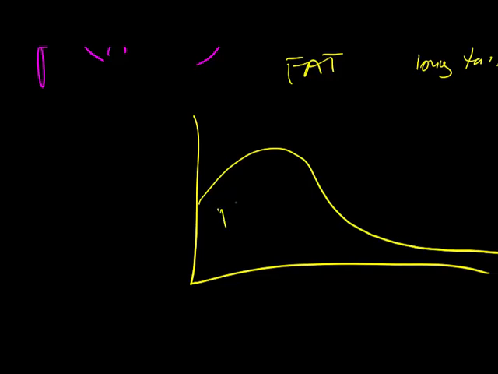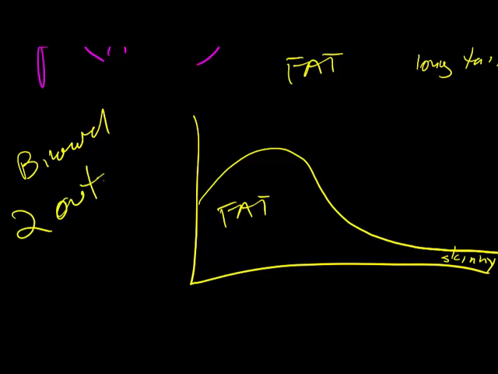It starts fat, and then it gets skinny over here in the tail. Remember that a binomial distribution has two outcomes. Sometimes they're 50-50, but that doesn't necessarily mean that the probabilities will be 50-50.